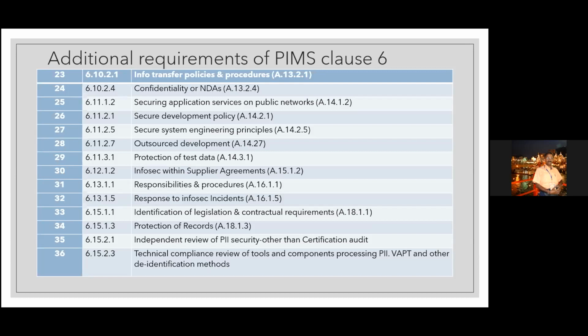As Annexure A changes, these controls also are going to be correlated, and here the PIMS requirement is with respect to the personal data handled by an organization as a controller or a processor. What type of additional controls they are to give? It's not a substitution. These controls are additional to the ISMS. That's why an organization which wants to get certified with PIMS also needs to implement the ISMS in the first place.